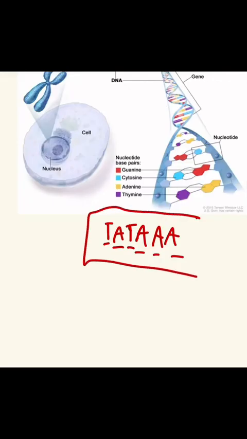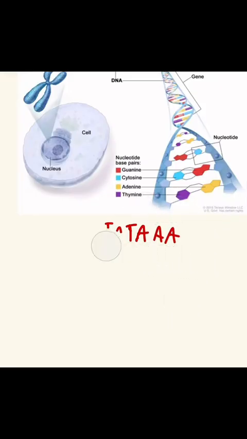This can signify the promoter region of the DNA. There are other factors that make up a promoter region as well, and that just signifies to the polymerase, when it comes on to copy that DNA, that this is where it needs to start copying from. We'll go through that more when we talk about transcription and DNA replication.